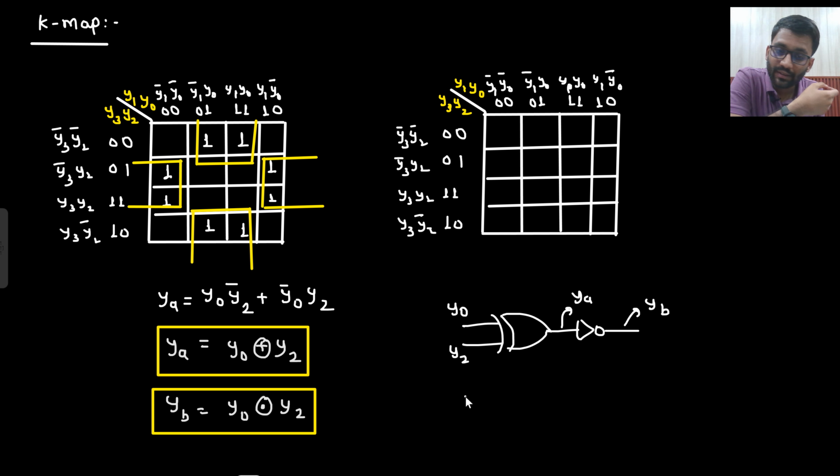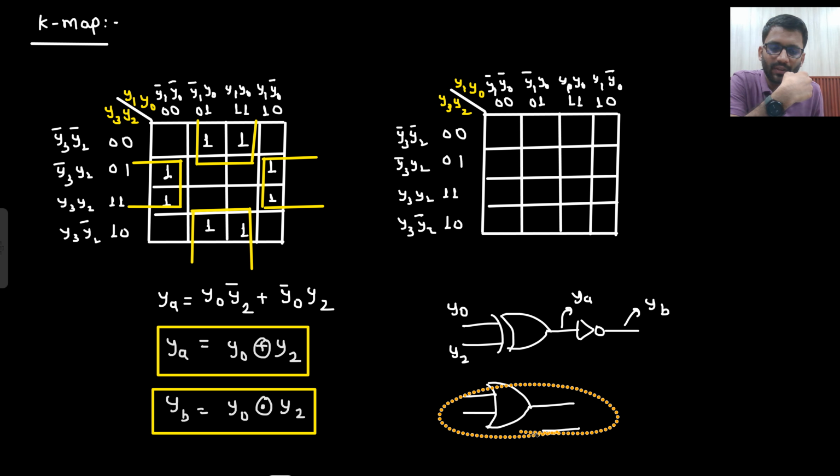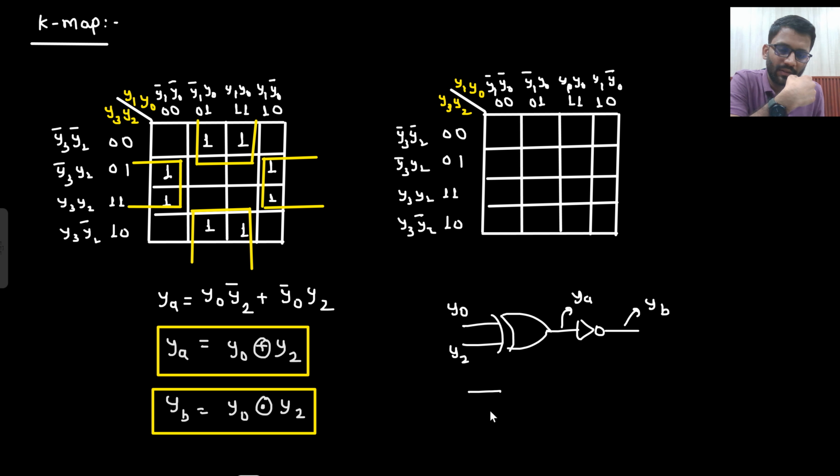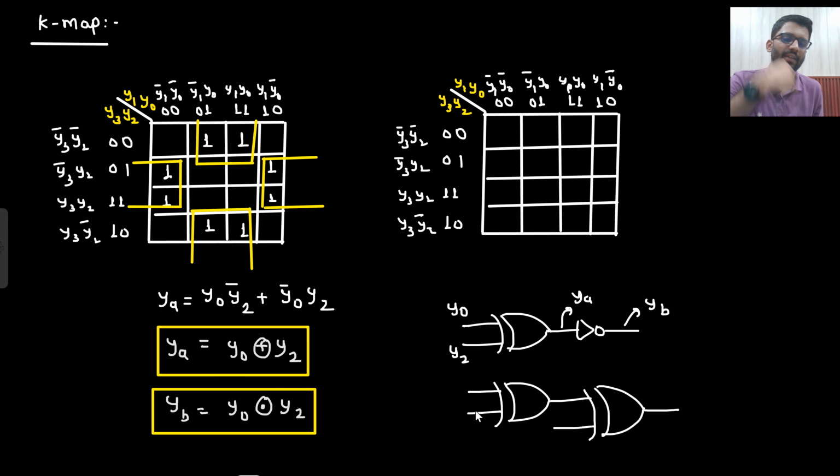What I could have done is that a 3-bit input is not possible actually. So what I could have done is that, no sorry, here I will get Y0 XOR Y2, right? And then if I am having another XOR gate, this I could have done.